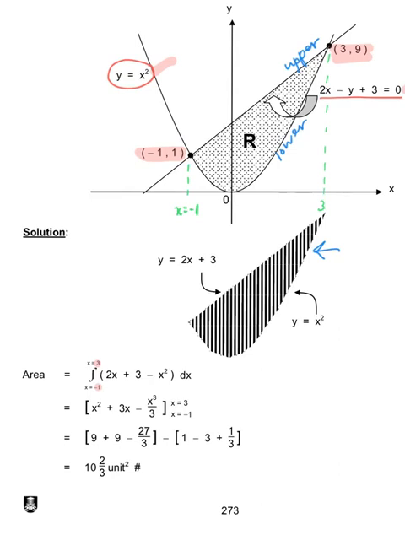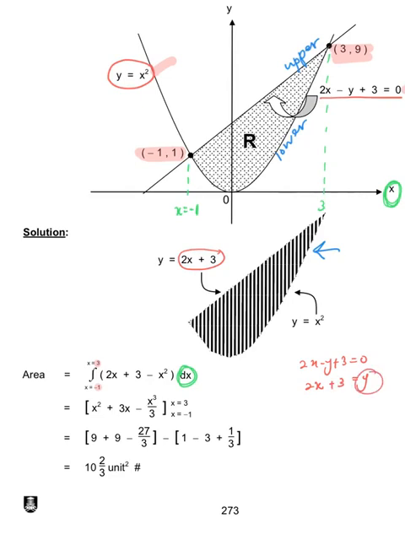When we want to find the integration with respect to dx, all variables involved must be in terms of x. So we need to rearrange the given equation with y as the subject. You get y equals 2x plus 3, rearranged from 2x minus y plus 3 equals 0: if you move the y to become positive, you get 2x plus 3.